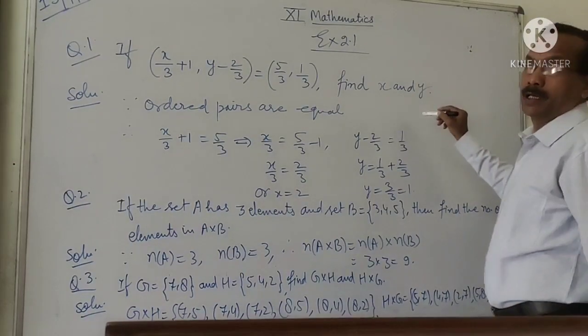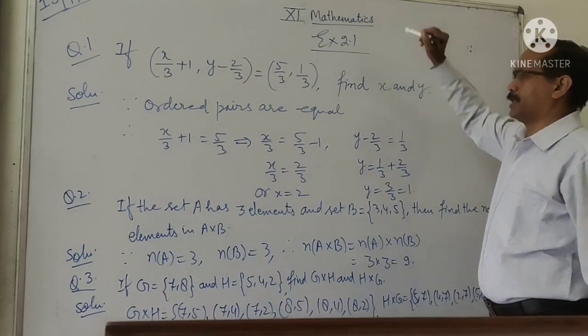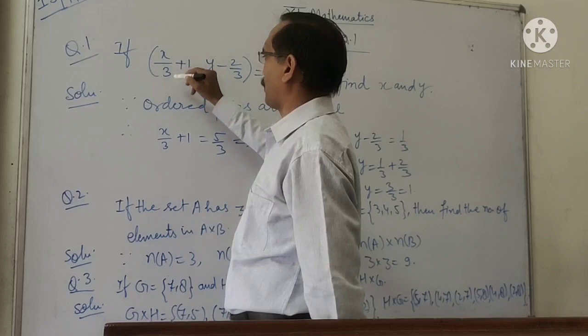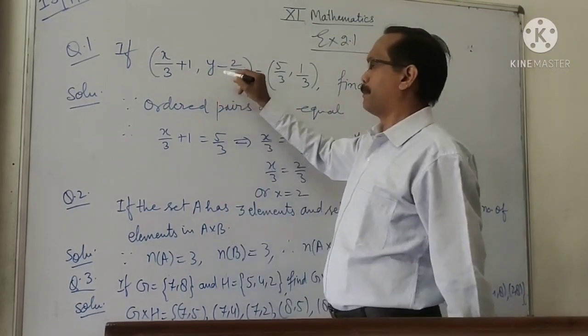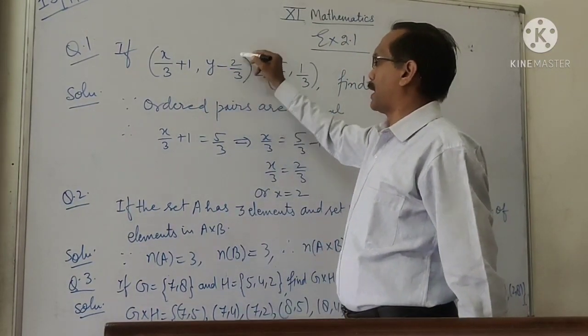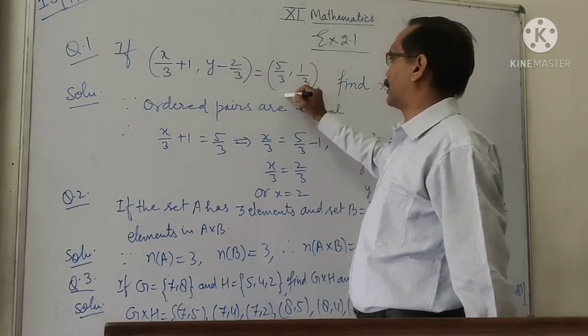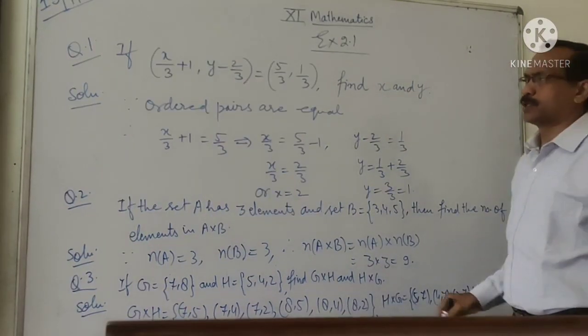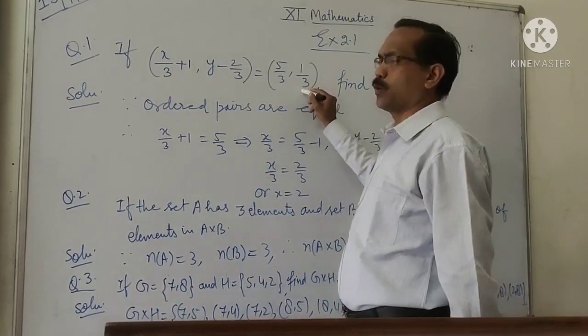Students, now come to exercise 2.1. Question number 1. Here, (x/3 + 1, y - 2/3) equals (5/3, 1/3). Find x and y. You see, the ordered pairs are equal.